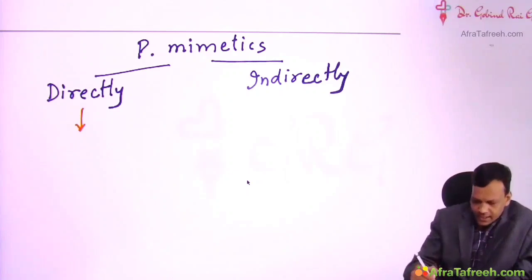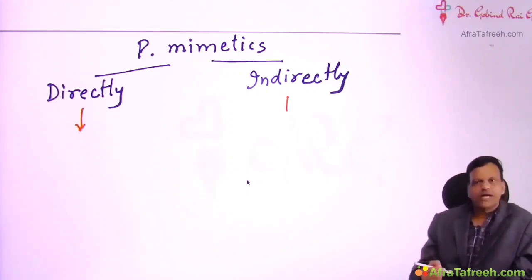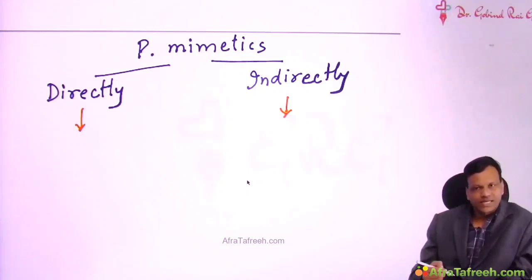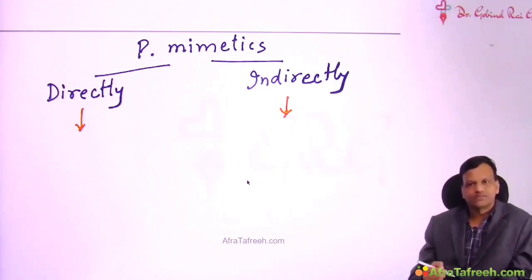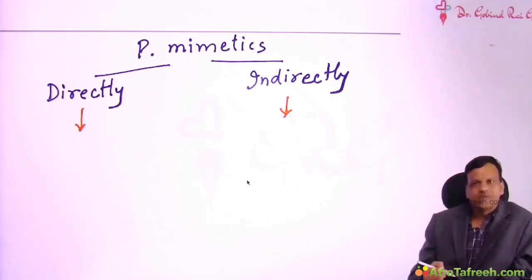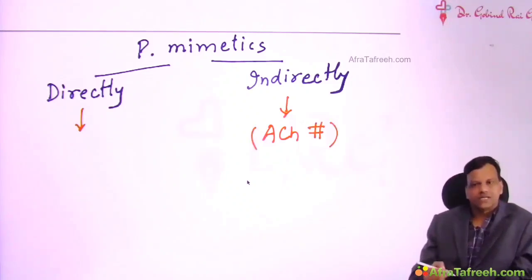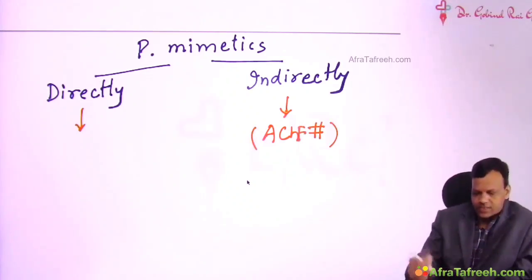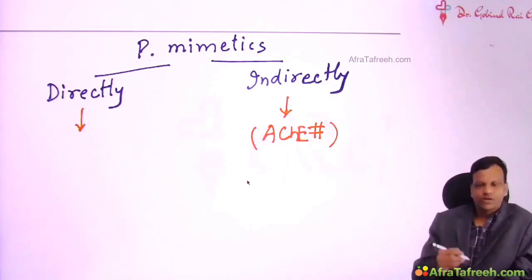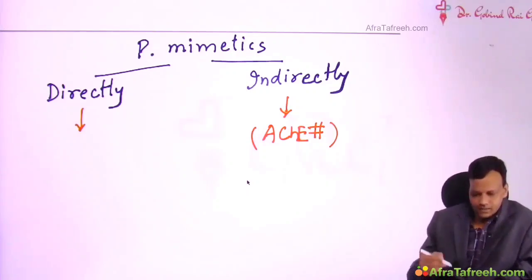Whereas an indirectly acting drug means the drug will not act on receptors, but it will increase acetylcholine, and acetylcholine will stimulate the receptors. And how to increase acetylcholine we discussed? Yes, we can increase acetylcholine by inhibiting its metabolism. That means indirectly acting drugs are basically acetylcholine esterase inhibitors.